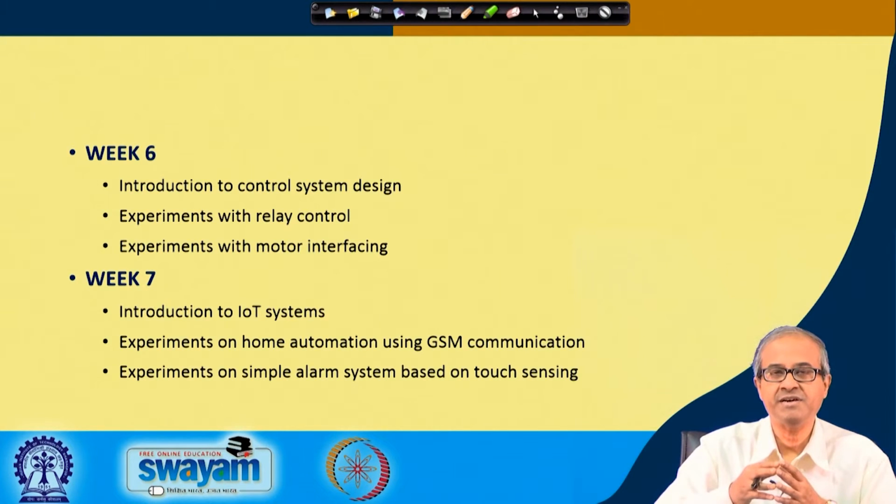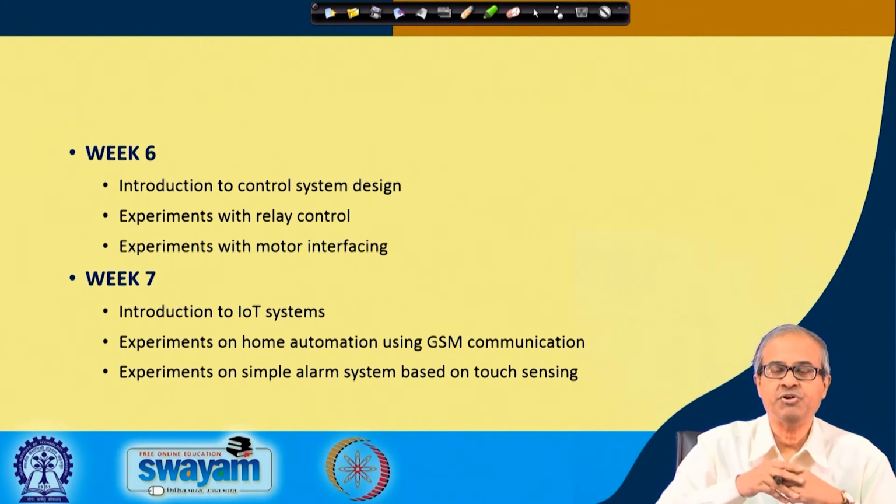In the sixth week, we very briefly talked about the design of control systems and various kinds of control algorithms: proportional, integral, on-off control, etc. Then we saw some experiments using relays, and how we can interface a DC motor to the microcontroller, speed sensing of the motors and so on.